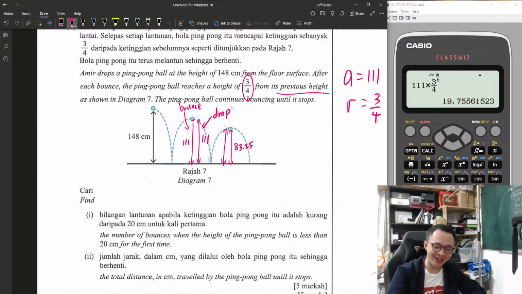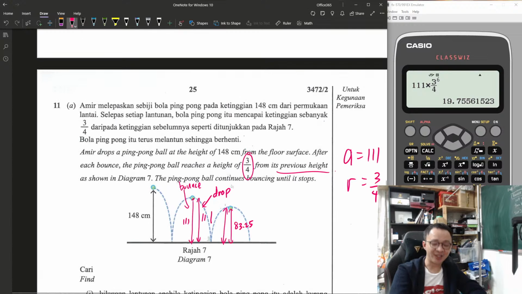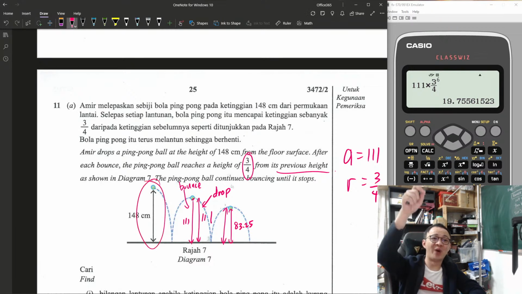Yeah, I guess some students will argue, so I want to find this distance. No, in this case we don't want to make things so complicated. We just assume we drop in this direction. So whenever we got bounce and drop, the distance are the same, so we will times 2. But 148 only happens 1 time because it only dropped.